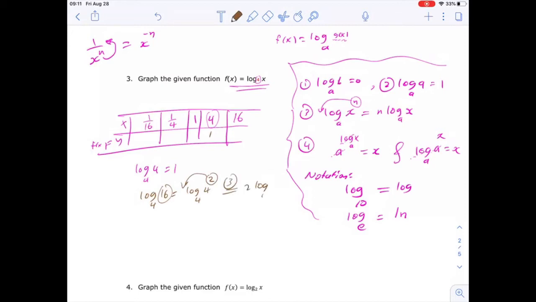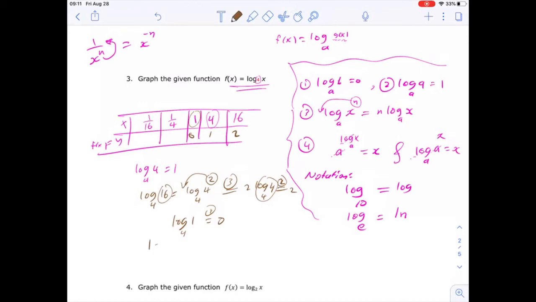So we get 2 log base 4 of 4. And then using property 2, we know that log base a of a is 1, so log base 4 of 4 is 1. So 2 times 1 is 2. Now what is log of 1? Log base 4 of 1 is 0 using property 1.